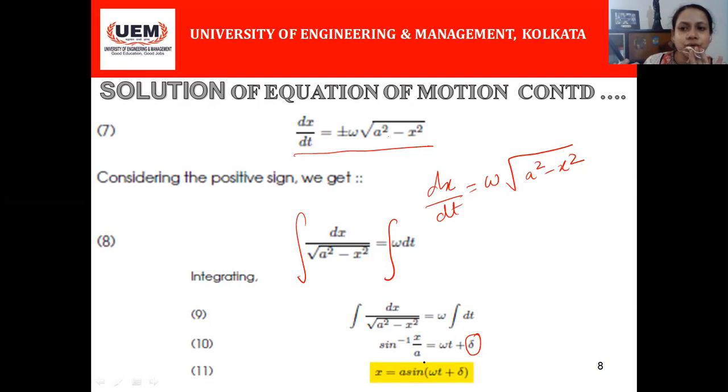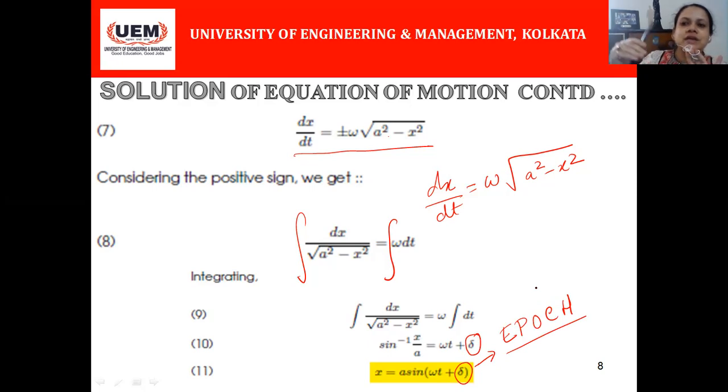And delta we can easily see is the initial phase or epoch, because depending upon delta, the initial position of the oscillating particle is determined. You see, when delta is equal to 0, then at t is equal to 0, x is equal to 0. If delta is equal to pi by 2, then at t is equal to 0, or initially, x is equal to a.